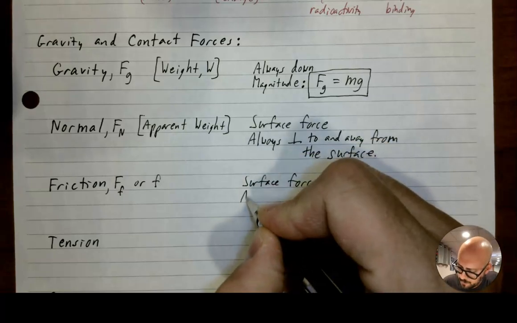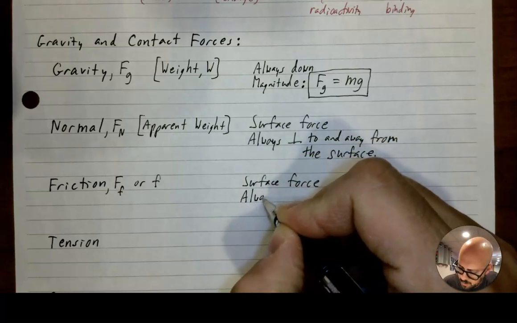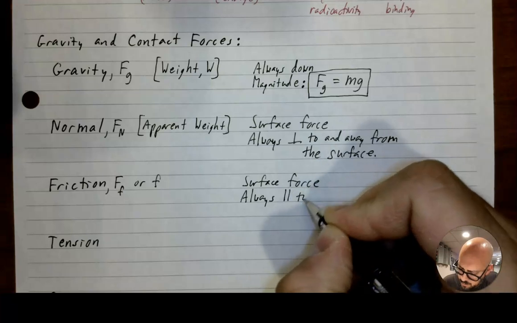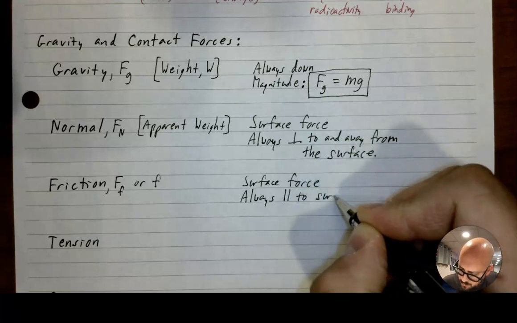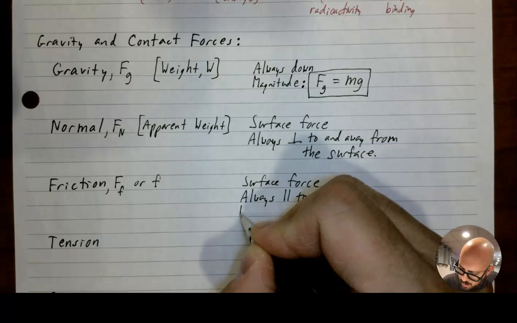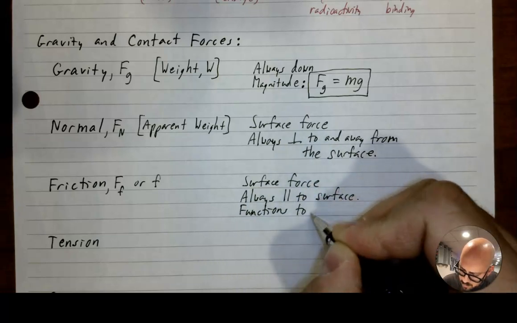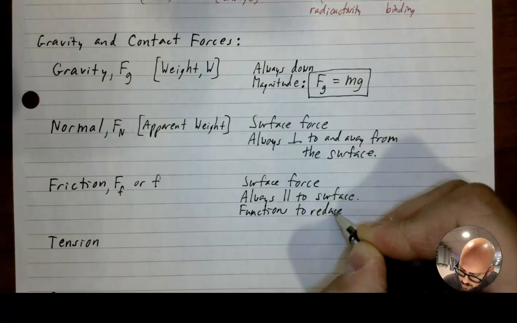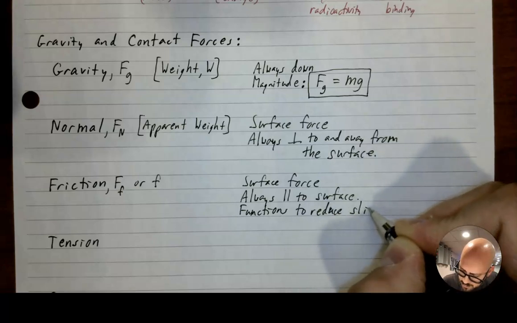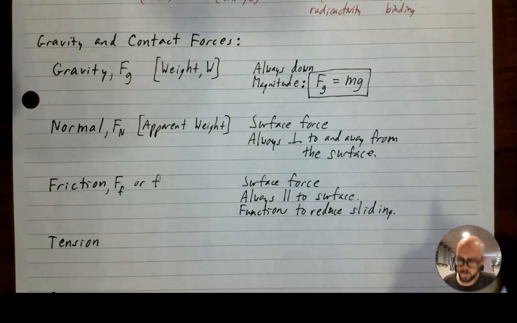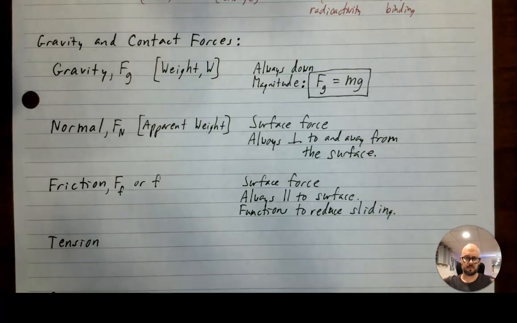The rule for friction is that it's always parallel to the surface, and that it functions to reduce sliding. So when two objects are sliding together, they experience a friction force on one another.